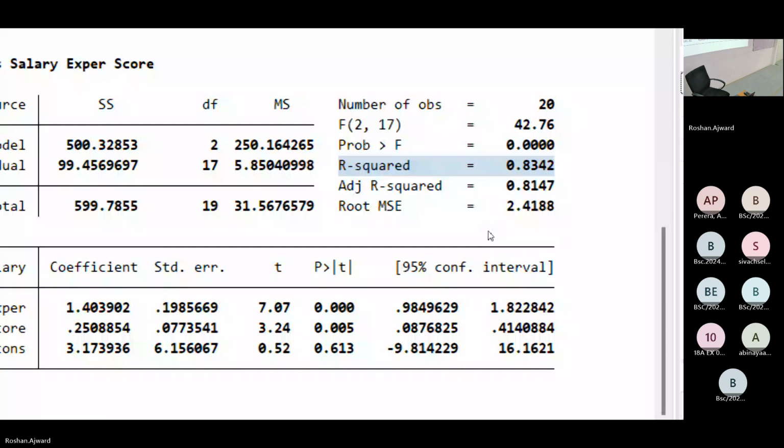So what is R square? First of all, R square means the explanatory power of the independent variable.